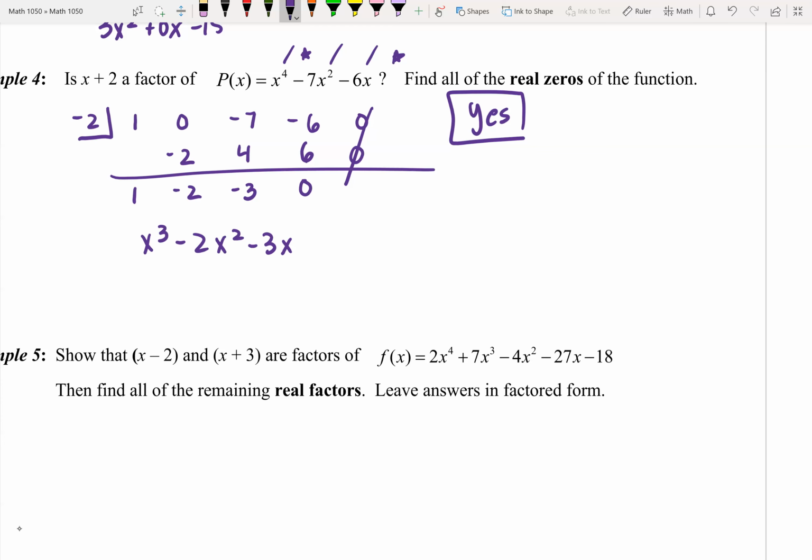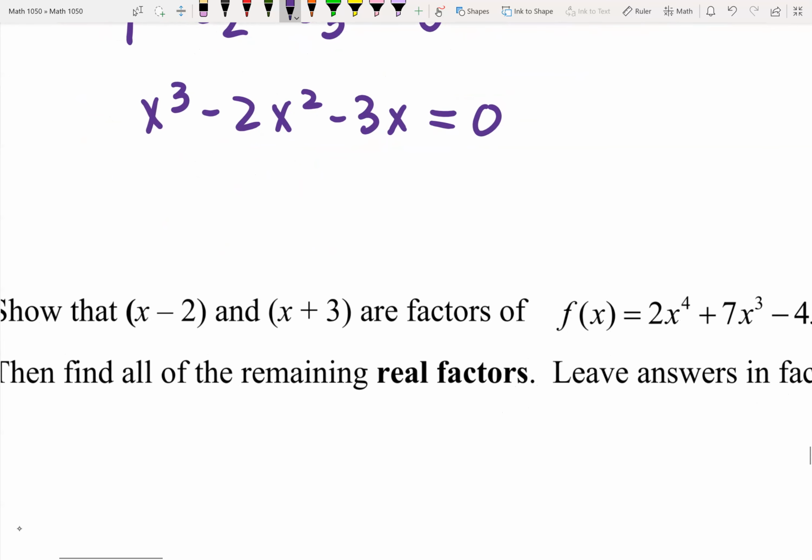Doesn't do me any good. And if I'm looking for zeros, I'm looking for the solutions, which means I need to set it equal to 0. Okay? You tell me, what would you do right there to solve this, guys? Take out an x is exactly right. And when you do, you're left with x to the second minus 2x minus 3 equals 0.